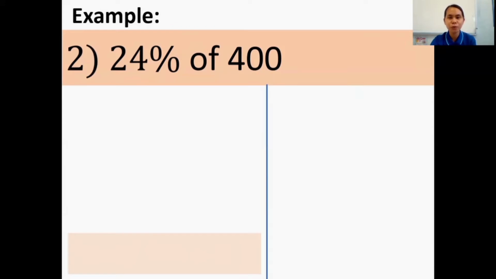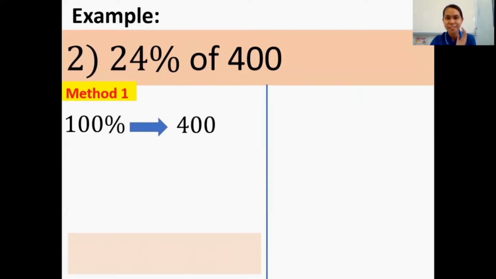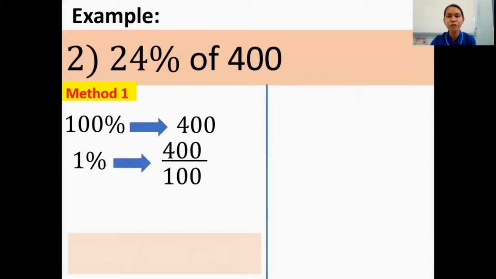Example number 2. Find 24% of 400. The first method: 100% of 400 is equal to 400. And we can say that 1% of 400 is equal to 400 over 100. 400 divided by 100 is equal to 4.